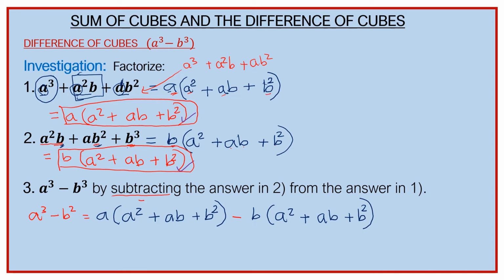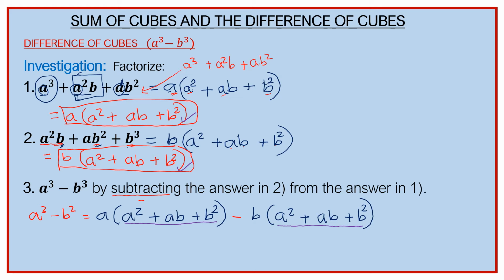Now, by doing that, you see that this a² + ab + b² is actually the same as this one, a² + ab + b².